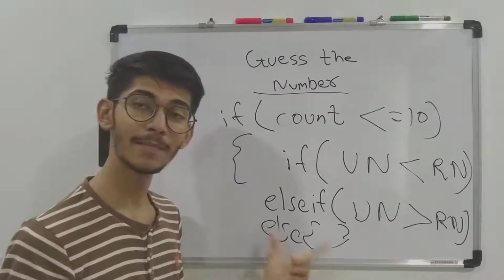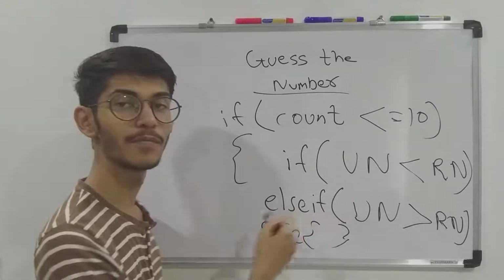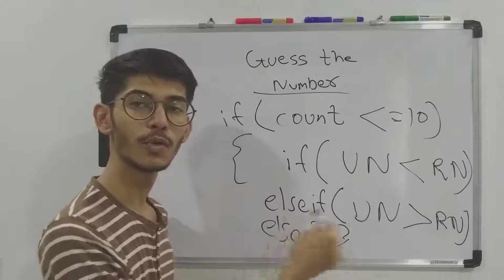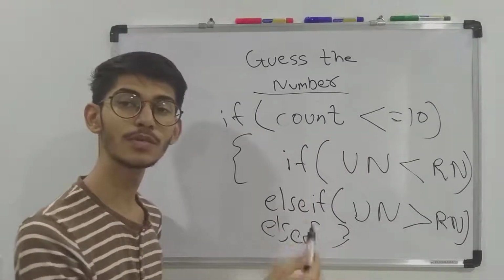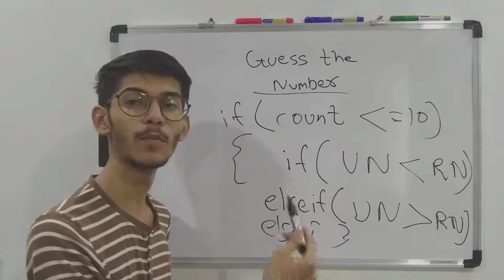So here that message is going to be executed, and we want the game to be over here, and after this the user should not be able to enter any more guesses.